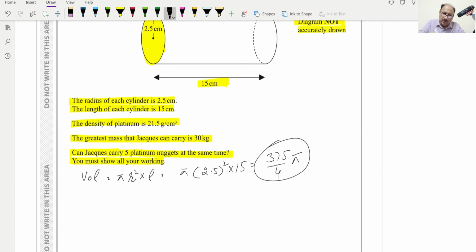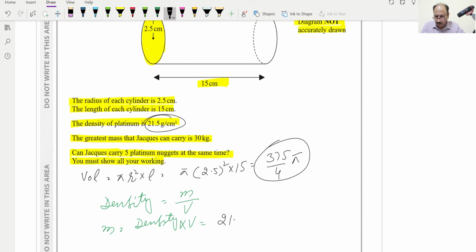Now we know that density is mass per unit volume, so mass divided by volume. So it means mass will be equal to density multiplied by volume. And the density is provided, and density is this one.